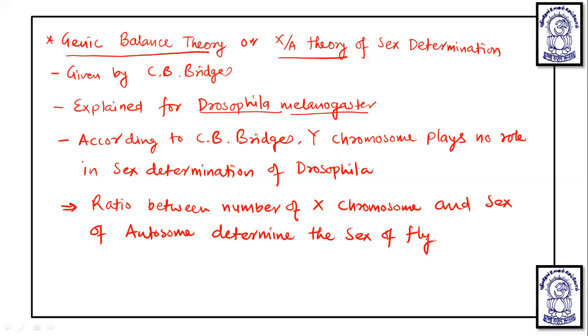So if we see here, they want to say that the genes for maleness and femaleness are present in every organism, and there is a balance between these two.